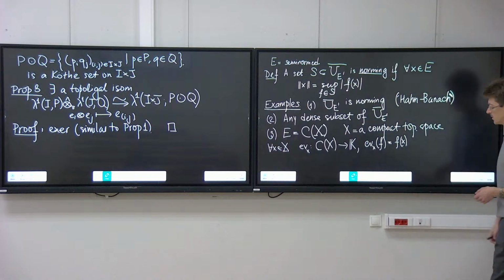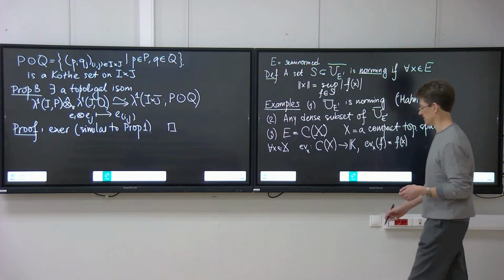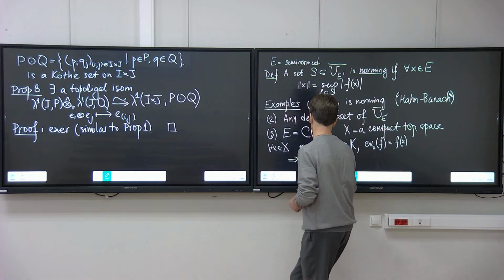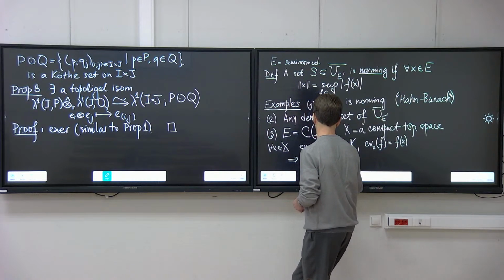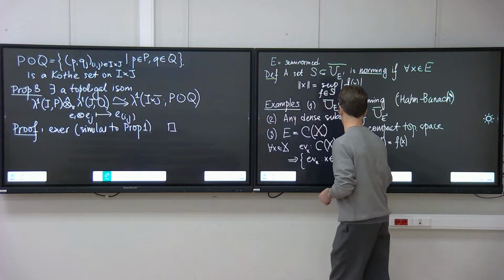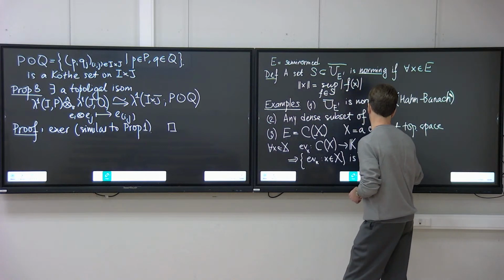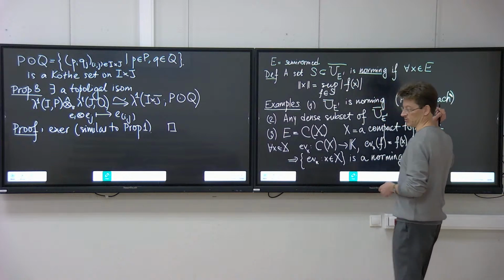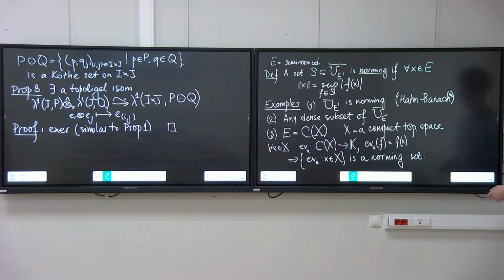Then it's clear that if we consider all such functionals over all x in X, then they form a norming set, just by the definition of the supremum norm of a function.